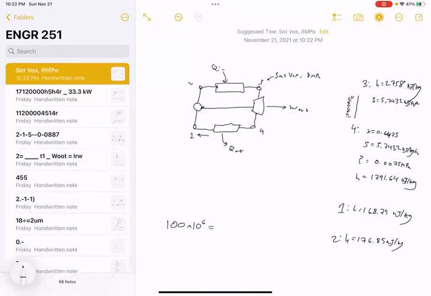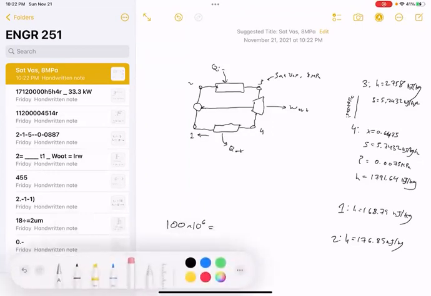We know the mass flow rate times the change in enthalpy gives us the total power output. But what is the net work really? The net work is the work we get out of the turbine minus the work that goes to the pump.